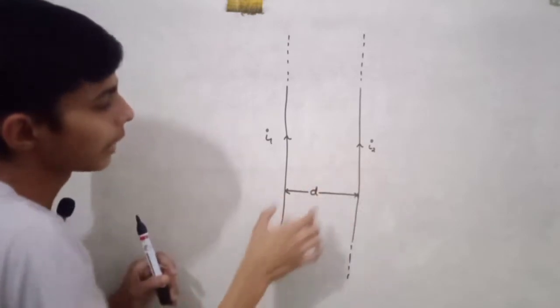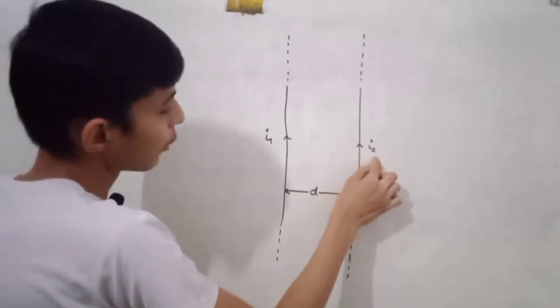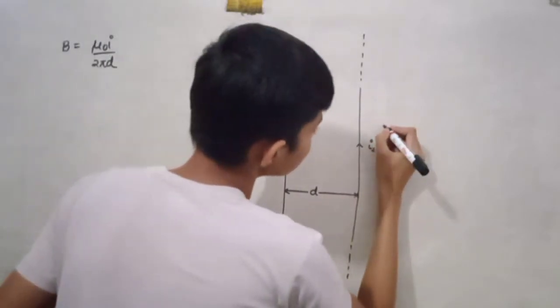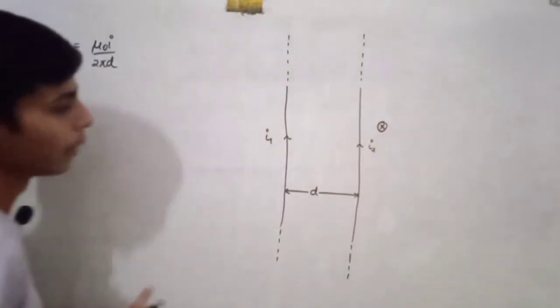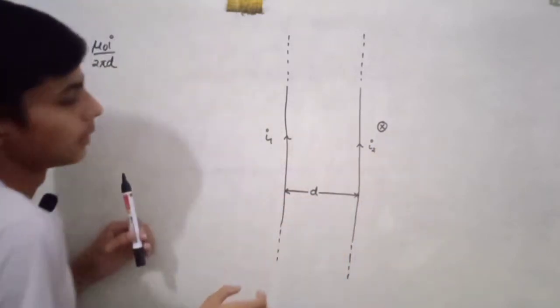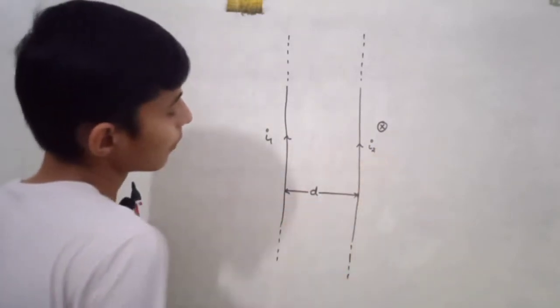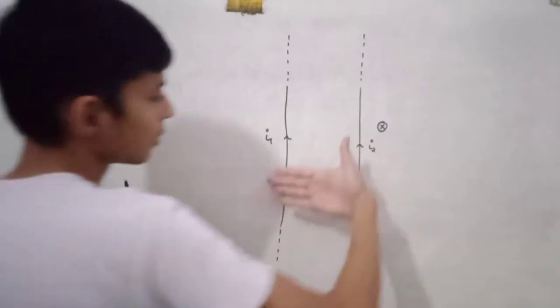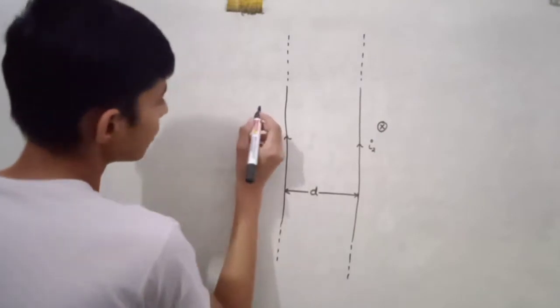So the direction of magnetic field at this point due to wire 1 is inside the plane, and the direction of magnetic field here due to this wire is outside the plane.